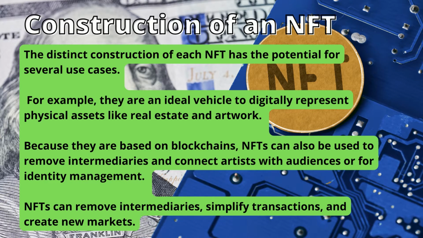For example, they're an ideal vehicle to digitally represent physical assets like real estate and artwork. Because they're based on blockchains, NFTs can also be used to remove intermediaries and connect artists with audiences, and for identity management. NFTs can remove intermediaries, simplify transactions, and create new markets.